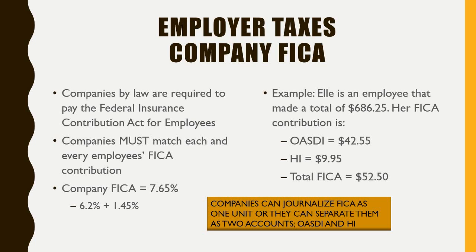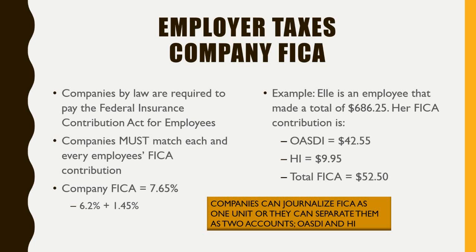There's no maximum cap for us putting it in there, but whatever the maximum cap is for the employee to put in, we just have to match them. So if they put 147,000 in there, that's exactly how much we have to as well. But Medicare is going to be unlimited.